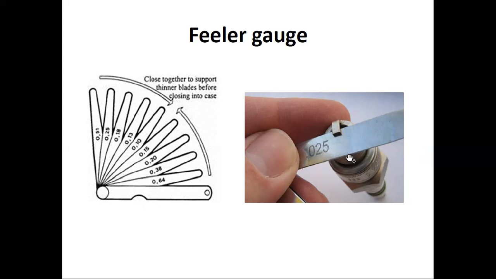When the gap between the spark plug and this particular section is more than 0.06, then we replace that spark plug because it is not producing an efficient spark during the working operation. So these filler gauges having different sizes are helpful for thickness measurement, or to identify the gap between two objects. Okay.